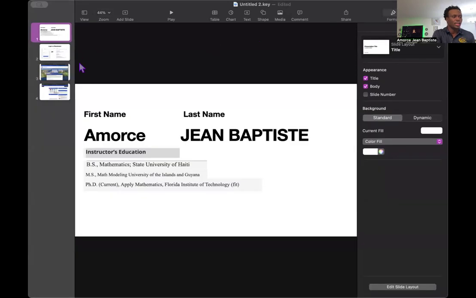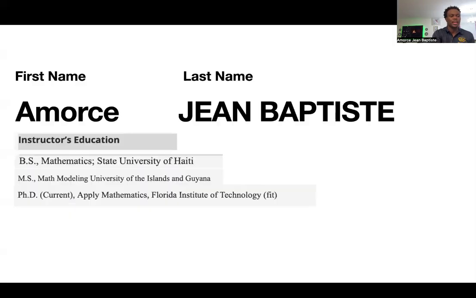Like I said, I'm going to start by introducing myself: who I am and what I do. This will not be everything, because you will need to read my intro, but this is quickly my name and who I am. My name is Professor Jean-Baptiste.